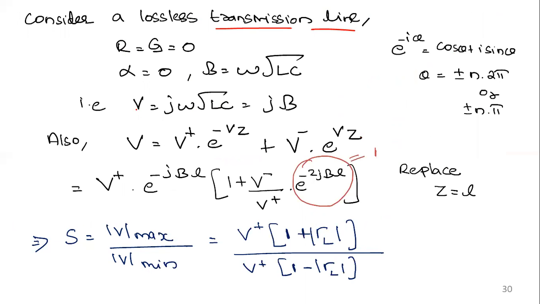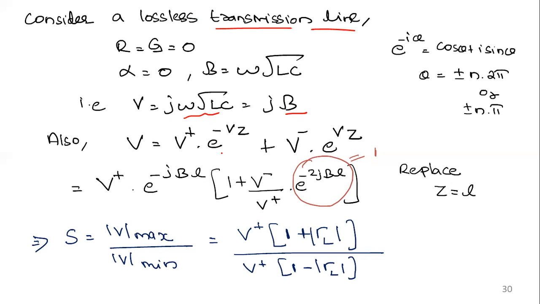Then from that we can write gamma is equal to j omega root LC, which we write as j beta. Then in the wave equation we replace gamma with j beta and Z is equal to L. Then it becomes V plus into e raised to minus j beta L.